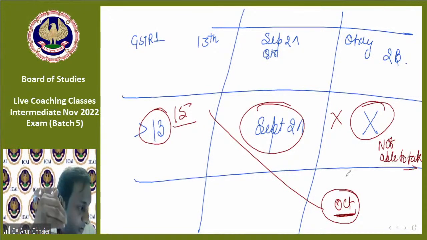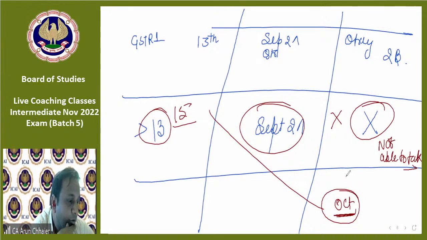Please ask the question. If filed by the due date, then will it appear in both? Yes. If later, it appears only in 2A. Yes, absolutely correct, Karthik. Why 14? I have given the answer. In case of 2A, details get reflected whether filed by the due date or not.